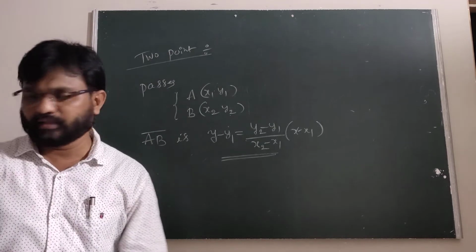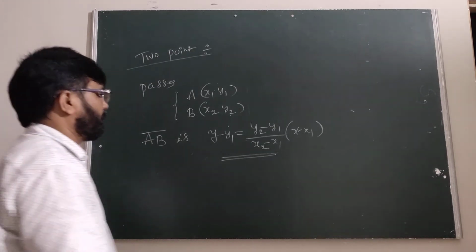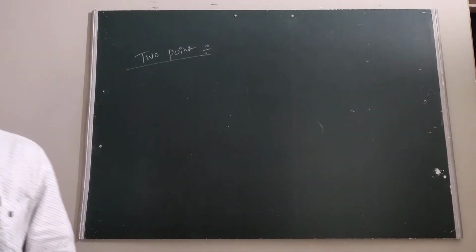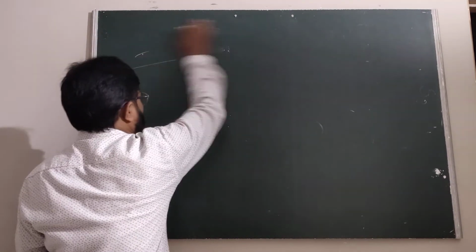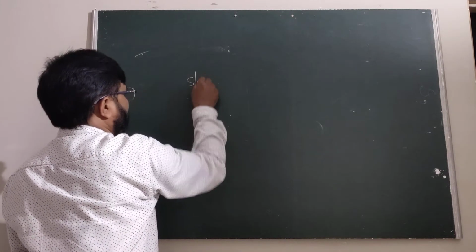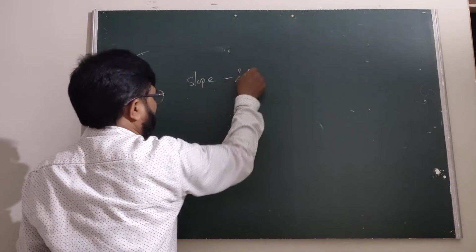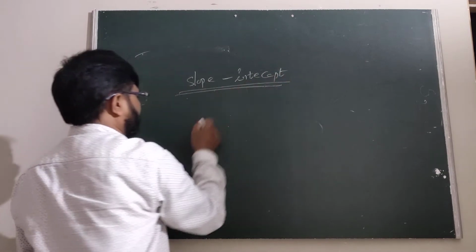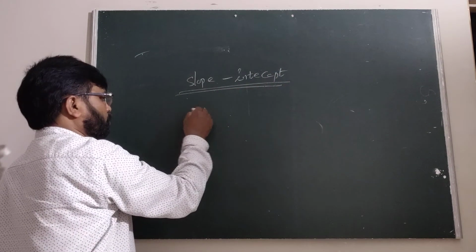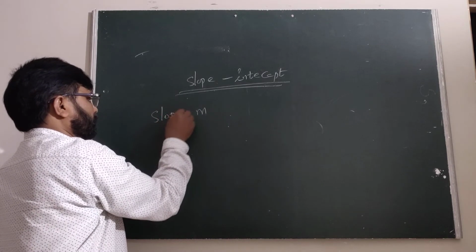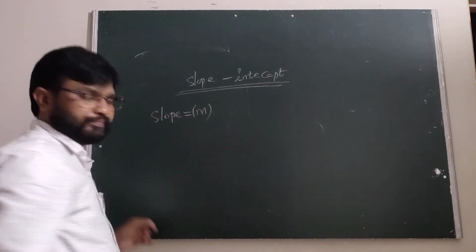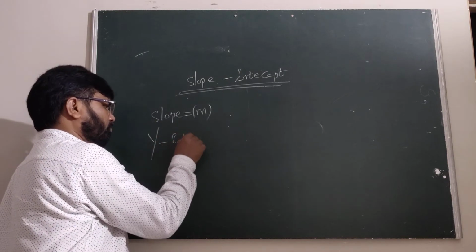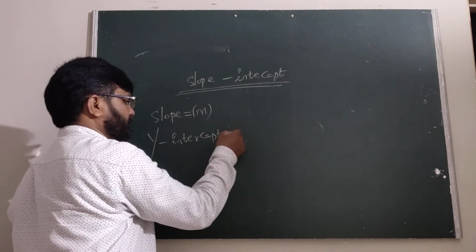After that, the third one we discussed in the previous class, the slope intercept form. Here we take the slope of the line as m and the y-intercept as c.